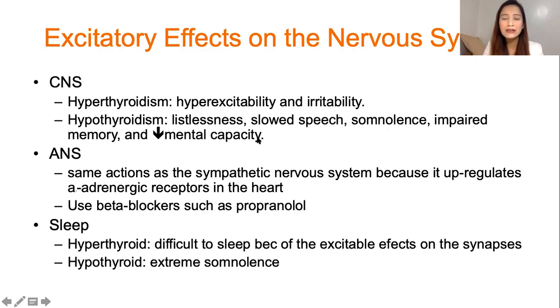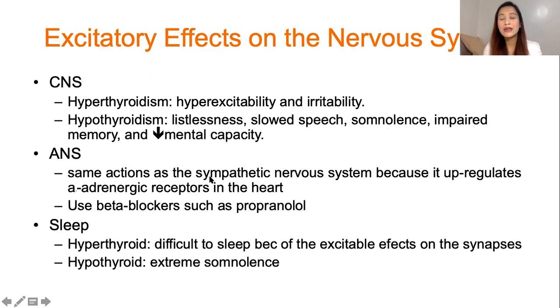But usually it takes a long time for these manifestations to show in patients with hypothyroidism. They have to have very, very low thyroid hormone levels to manifest all of this. For the autonomic nervous system, it's the same actions as the sympathetic nervous system because it also upregulates alpha adrenergic receptors in the heart.